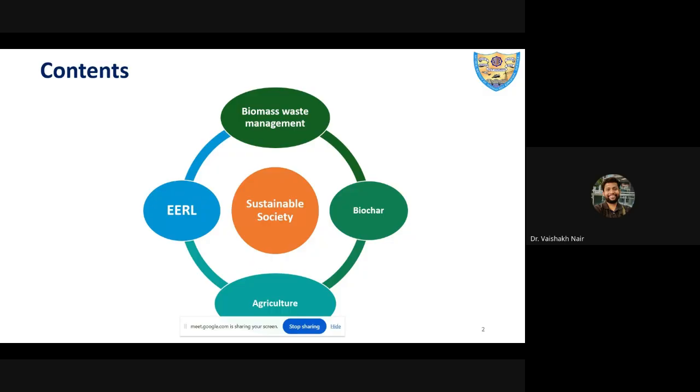Our major goal is that whatever we do, it helps society and it helps the environment also. As the title of my group suggests, it is Energy and Environmental Research Lab. In urban cities we are very much into the energy point of view, so it has been changed to Energy and Environmental Research Lab, but definitely we give a lot of importance to the environment.